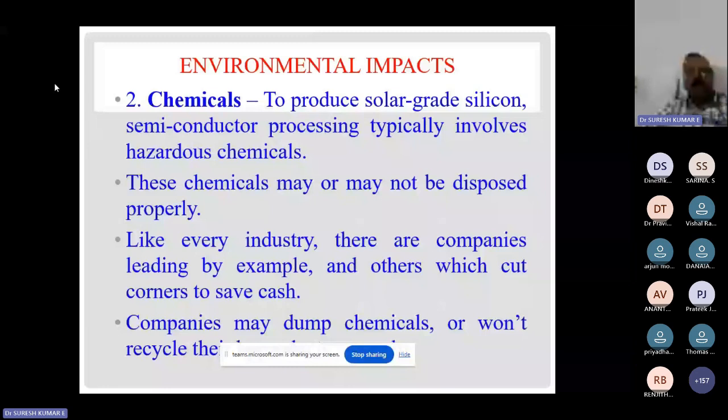For profit or to save cash, they may add formalin. Like that, there will be established law in the motherland, but there are companies who may not dispose of it properly, and companies may dump chemicals. Even in chemical industries in India, we know this. Companies may dump chemicals or even not recycle.